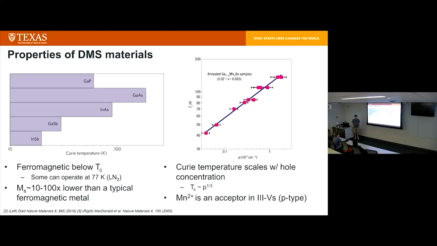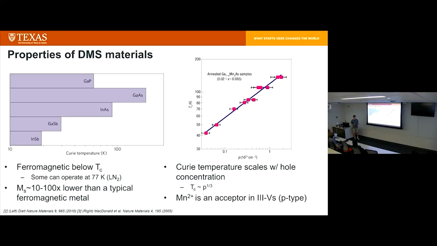So some basic properties of the materials. Number one is that it's ferromagnetic, which means that it has an associated Curie temperature below which it can exhibit magnetism, or ferromagnetism. And if you take a look at the 3,5 materials, you'll see that most of them have very low Curie temperature. And the highest of which is gallium manganese arsenide, which tends to max out at around 170 to 180 Kelvin in its Curie temperature.